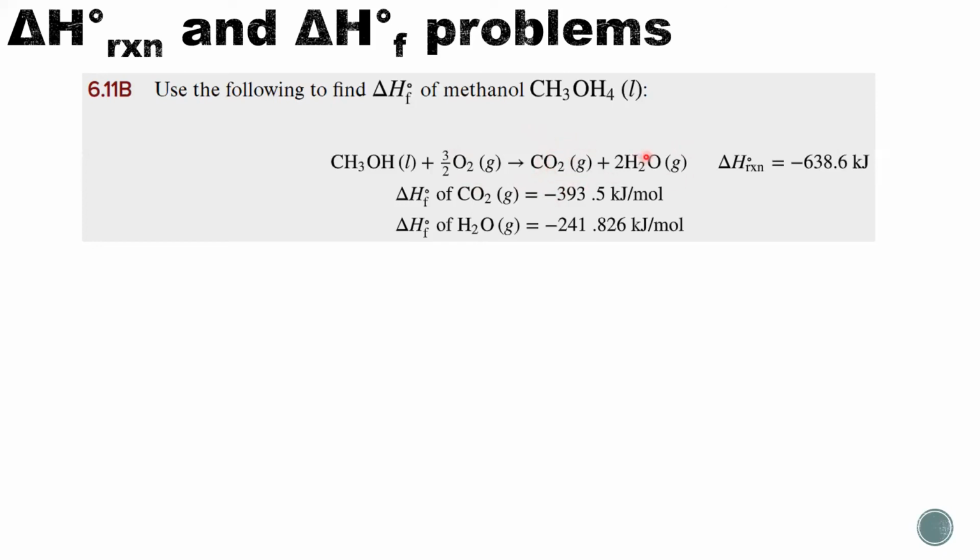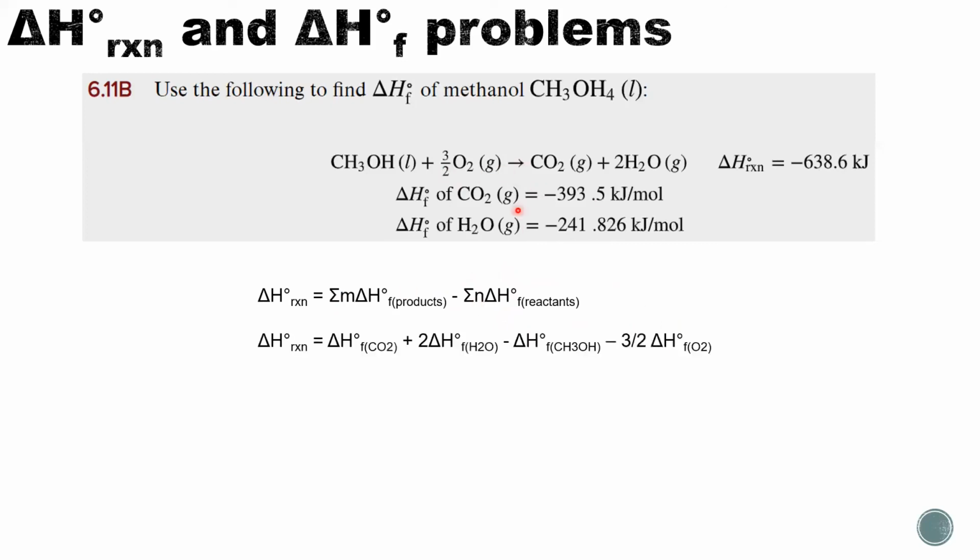So we can still plug into the equation: the standard heat of reaction equals the sum of the standard heat of formation times its coefficient of the products, minus the standard heat of formation of the reactants times its coefficient. So plugging in the values here, the standard heat of reaction equals the products first, right?